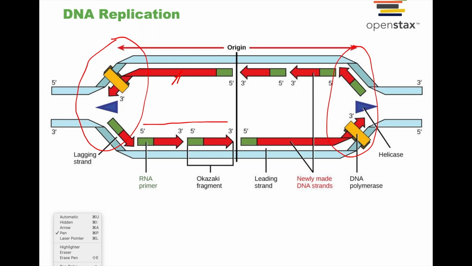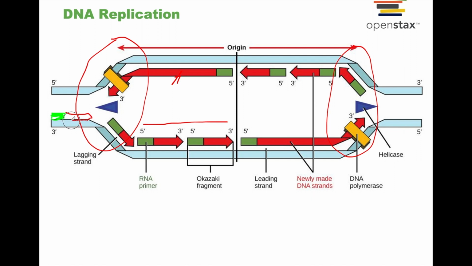So now, if you take a look at this DNA, an interesting problem arises for this cell. If we were going to extend this replication all the way to the end of the molecule, we would have this green primer, RNA primer, and then we would have the red DNA that is being made.